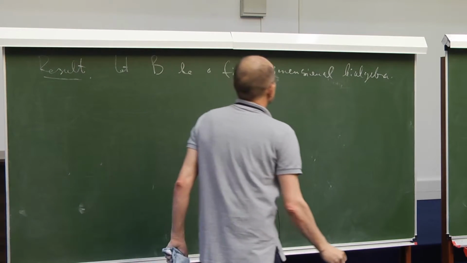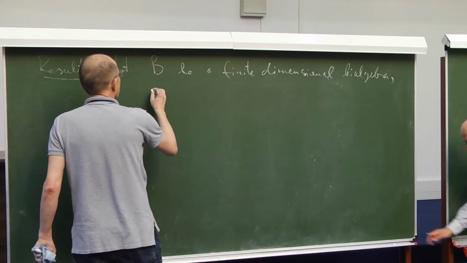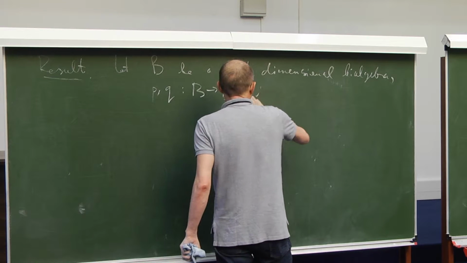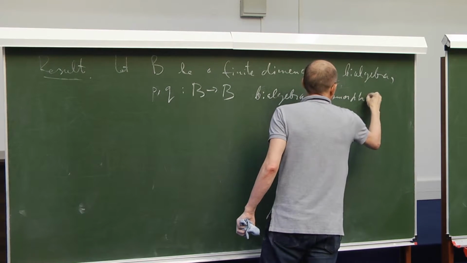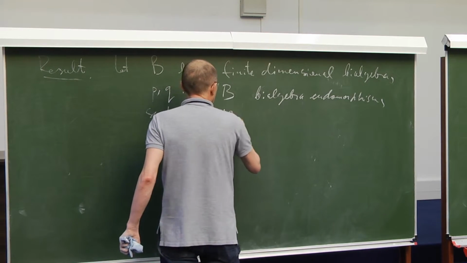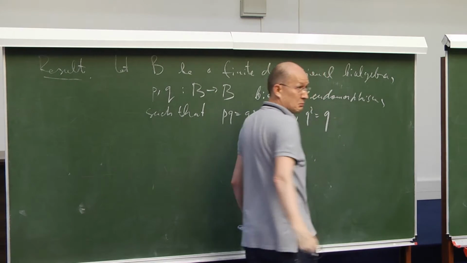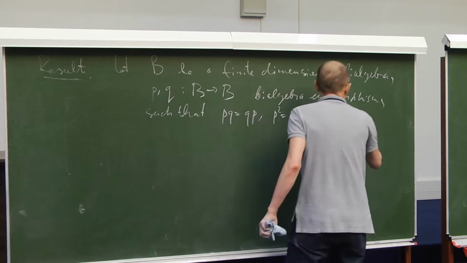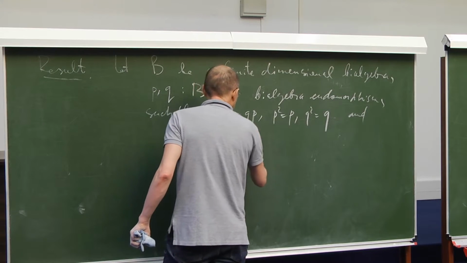And let P and Q be bialgebra endomorphisms of B such that PQ equals QP, P squared equals P, and Q squared equals P. So these are some projections onto a pair of subalgebras, and the image of P and Q sits in the center of B.